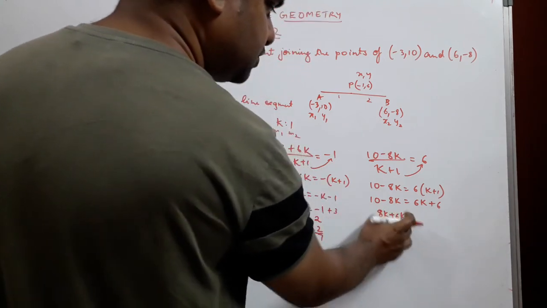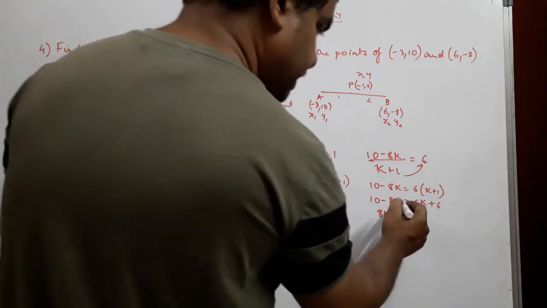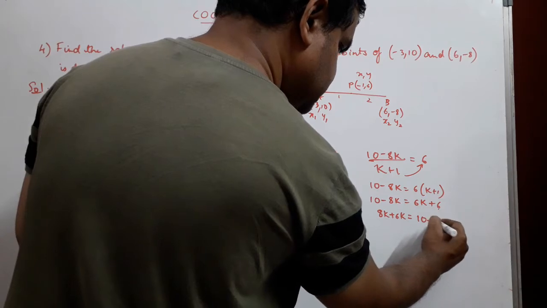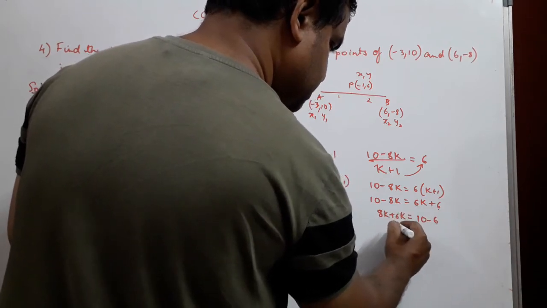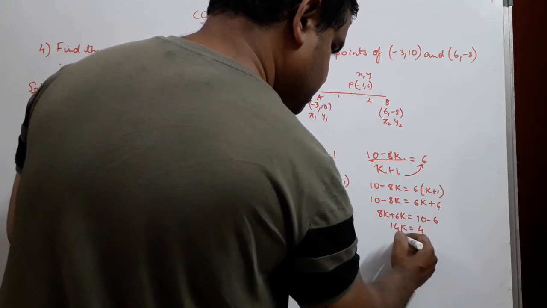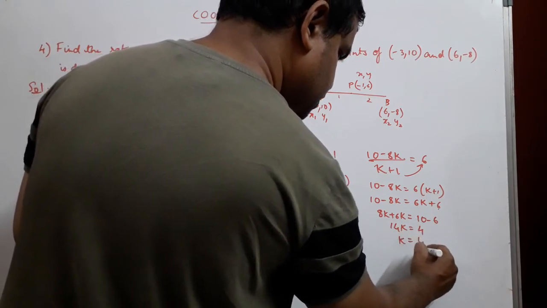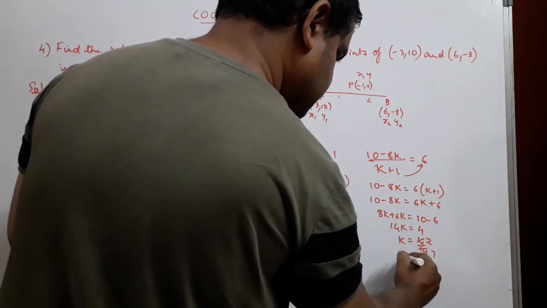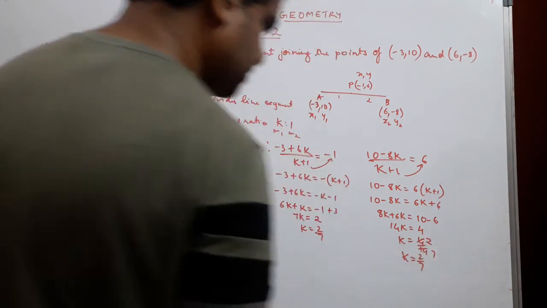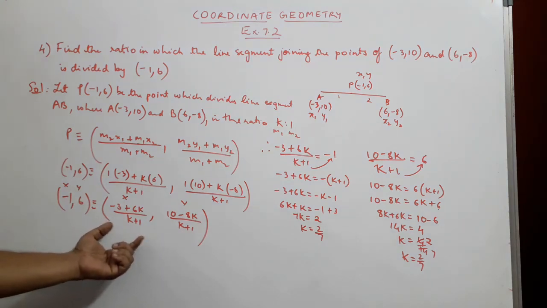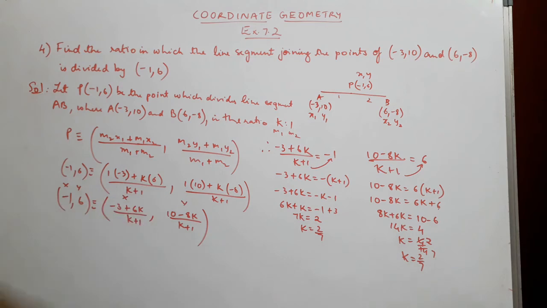I'm just keeping the unknown on the left hand side, and I'll bring 6 on this side, so that will be 10 minus 6. 8k plus 6k gives me 14k equal to 10 minus 6, which is 4. So k will be 4 upon 14. 2 2s are 4, 2 7s are 14, which means k is equal to 2 upon 7. So you see, irrespective of whether I take x or y, I get the value of k.